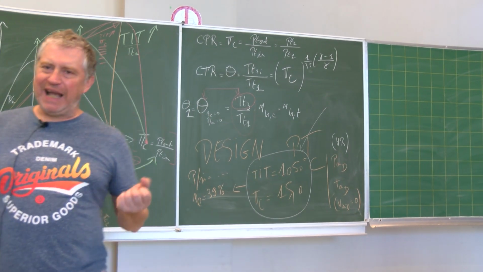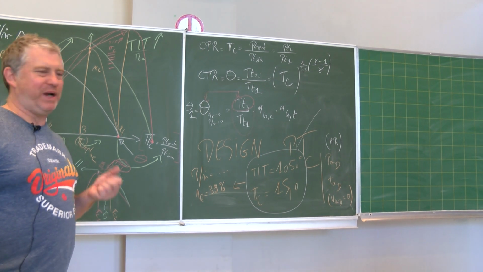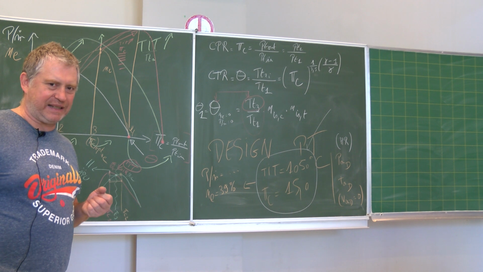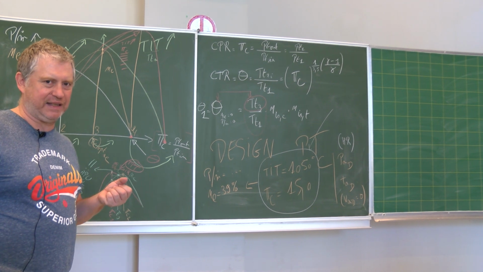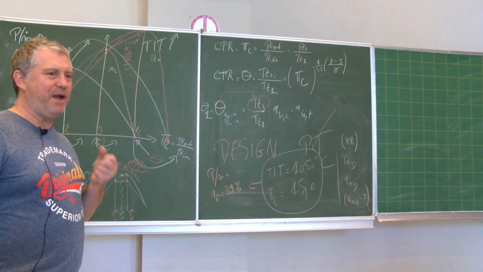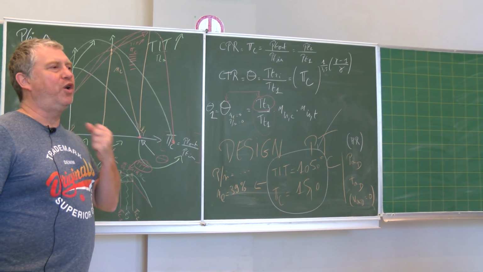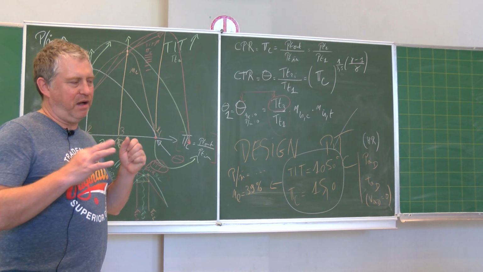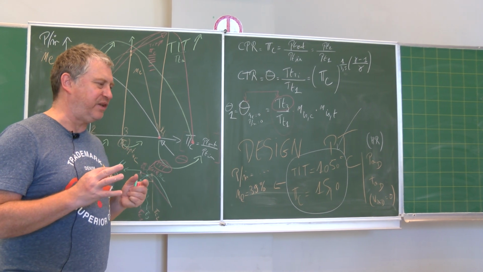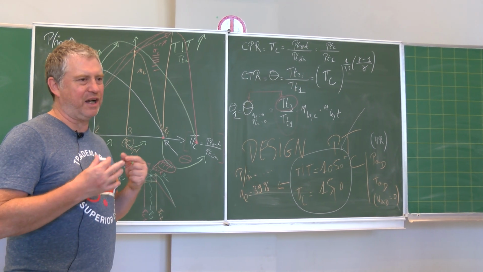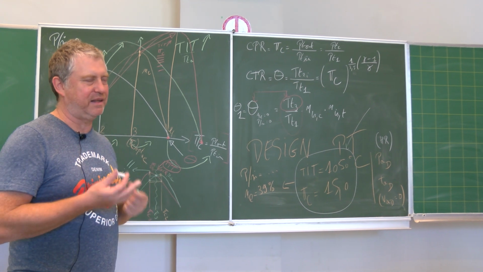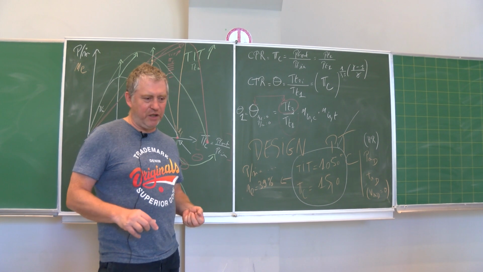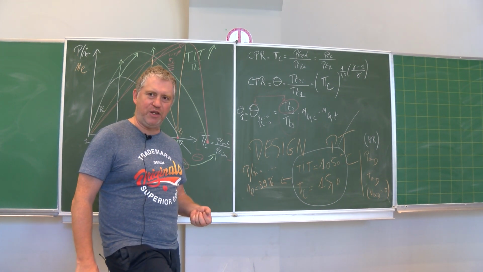So TIT and the pressure ratio, these two parameters, when you have selected the compressor, will be closely linked. We will see that later on. I cannot explain that in detail today, but in fact they are closely linked when you have selected a certain compressor. And they are related to your gas pedal, like in your car.